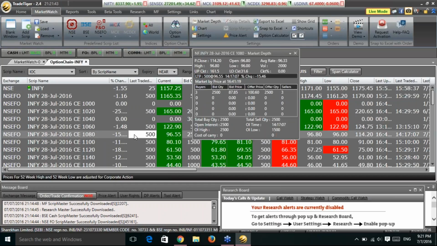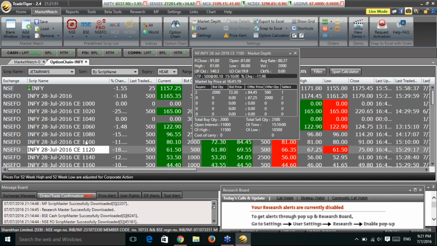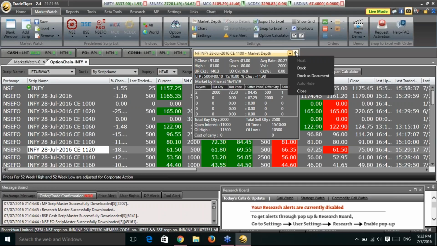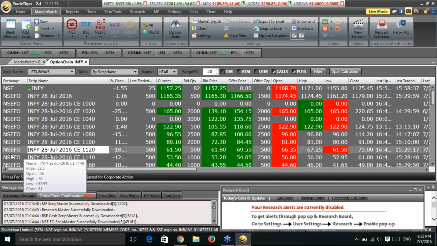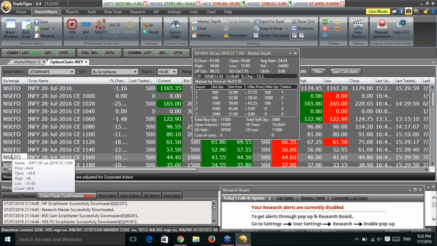Time value. Now, as we go higher with the strike price, we can see here the premium is reducing.